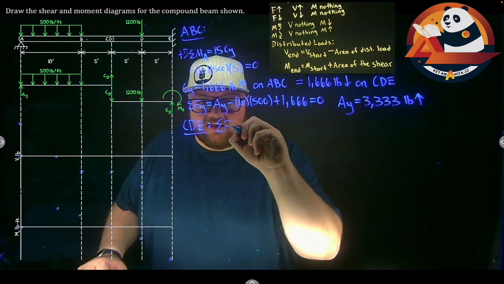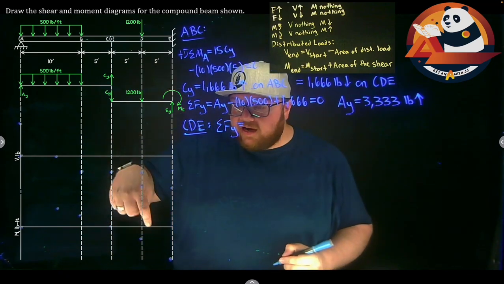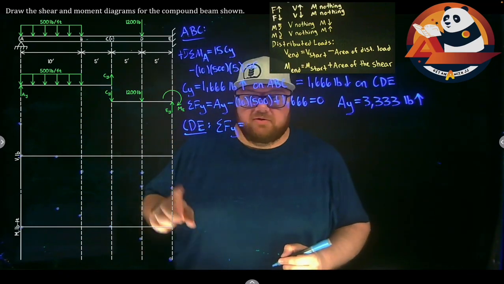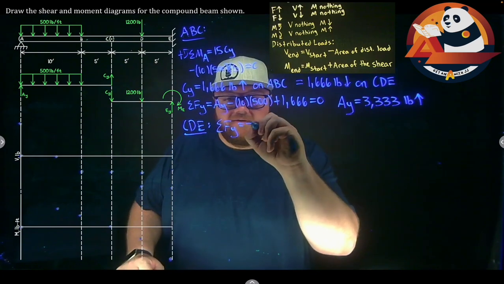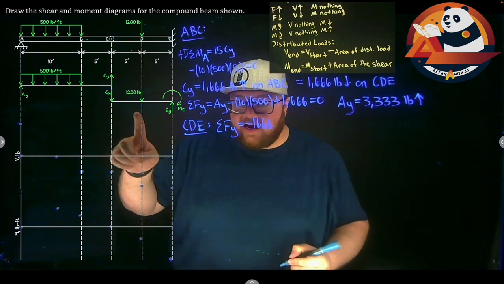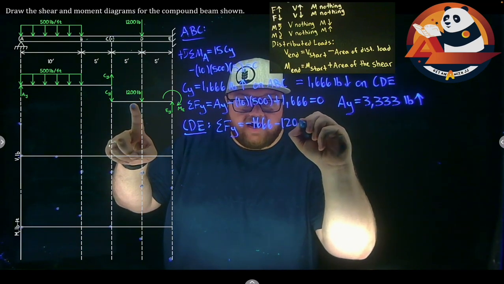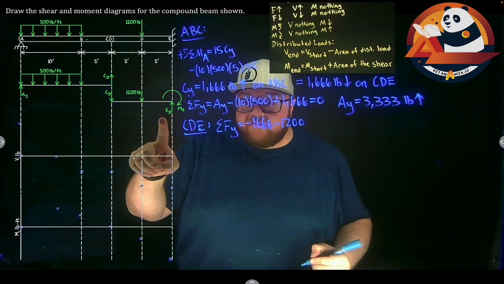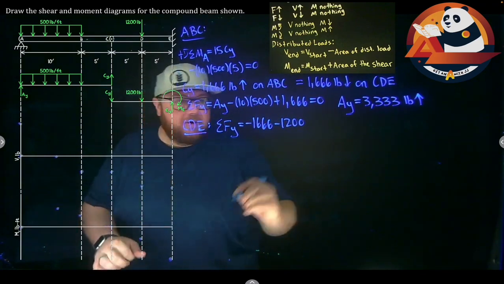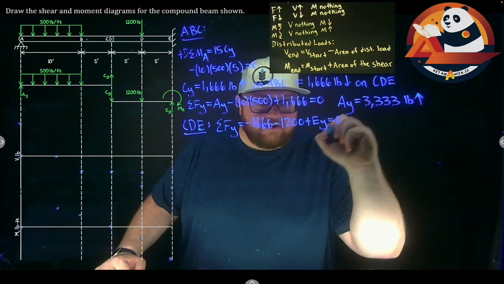Summing forces in the y direction. CY comes down, so we'll start there. CY is negative 1666. I have 1,200 coming down, minus 1,200. And I have EY going up, plus EY, should get us to 0.